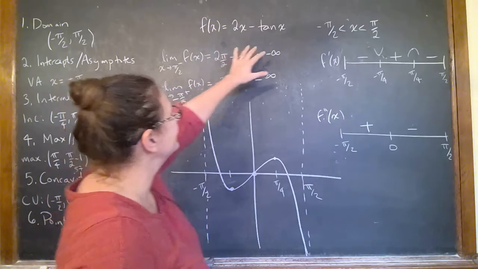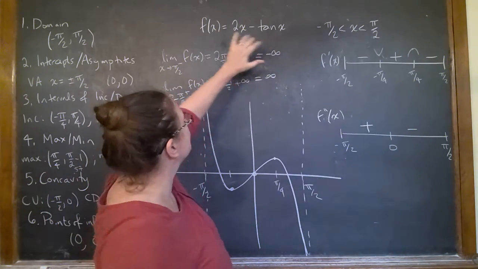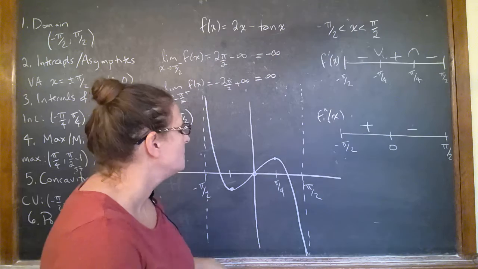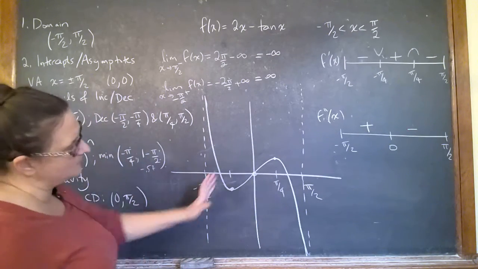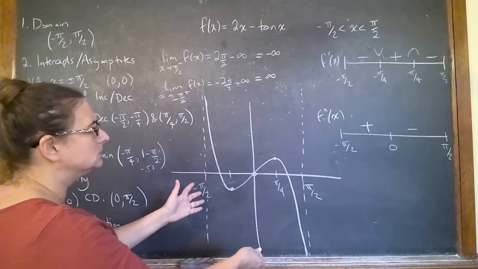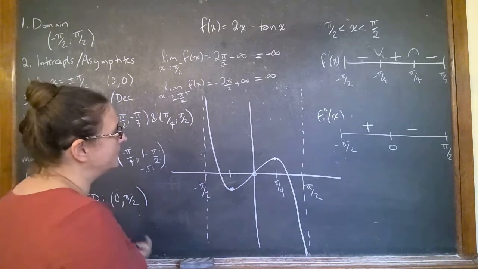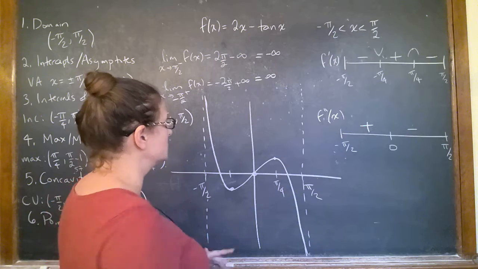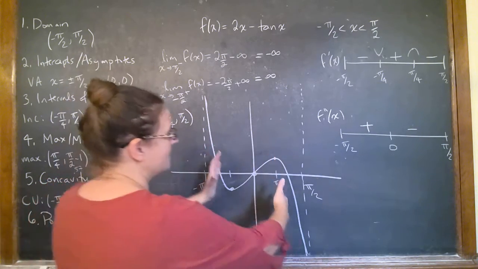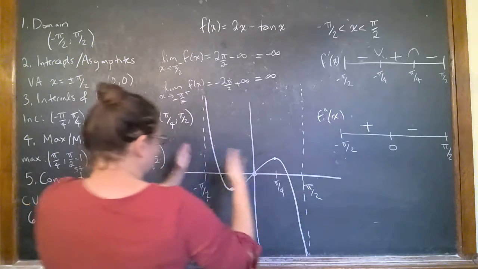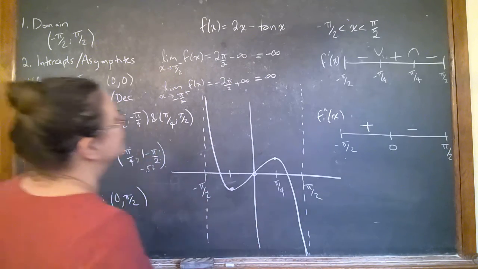It's kind of like the tangent function, right? But the 2x has given it these maximum and minima. They only asked you to graph it from minus pi over 2 to pi over 2. In fact, it looks similar on the other ones, but this is not a periodic function anymore because of this 2x. So if you do go to Desmos and graph this, you'll see the same shape, but it moves up and up and up, or moves down, down, down.